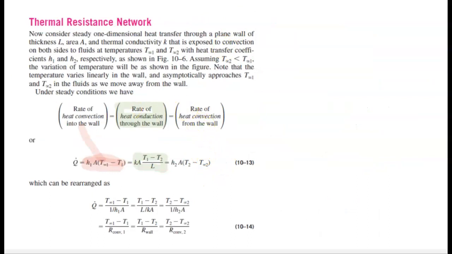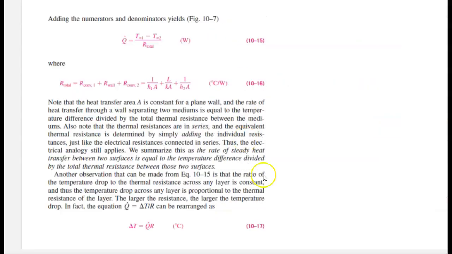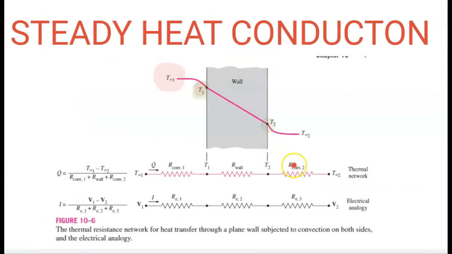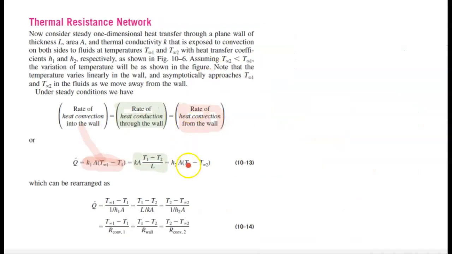Then we got the rate of heat convection from the wall. So this is heat convection from the wall, which is equal to h2 A (T2 minus T infinity 2), which is that temperature here, the outside of the wall, and the temperature of the surroundings. Okay.